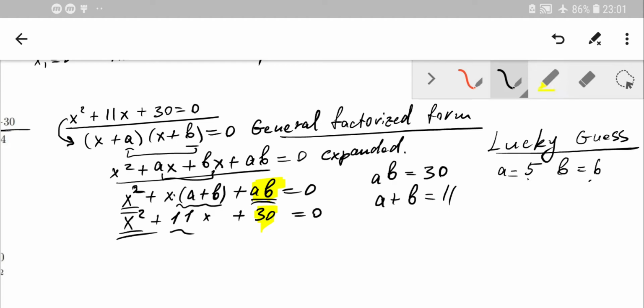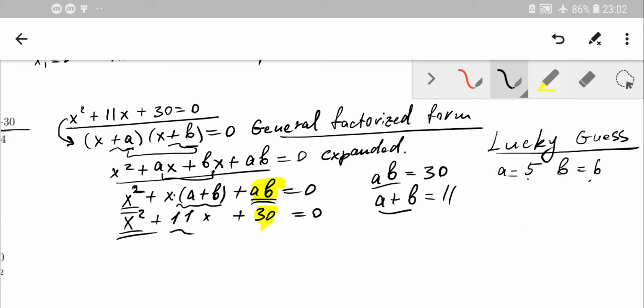They might be swapped, and a might be 6, b equals 5, but we don't care because they are symmetrical and identical. Both the product and the sum should be correct.